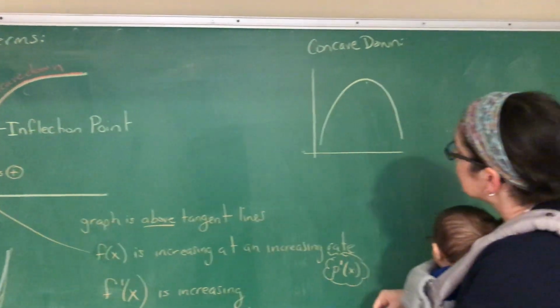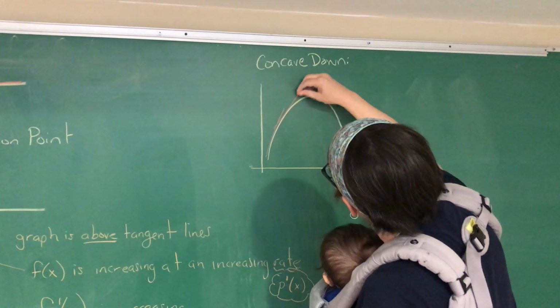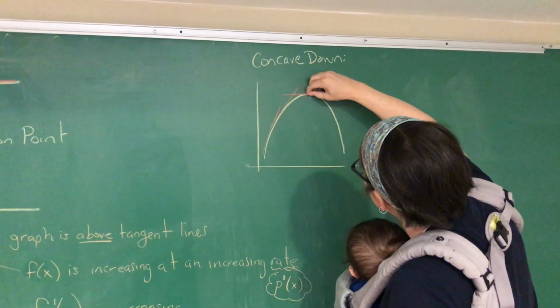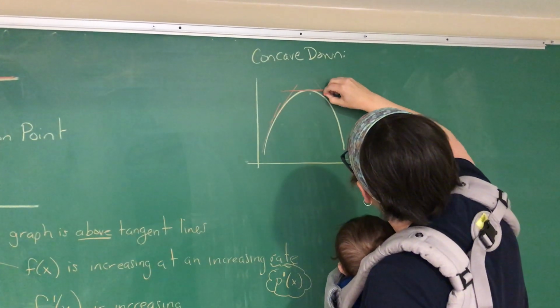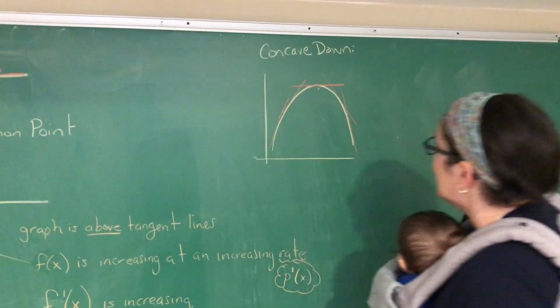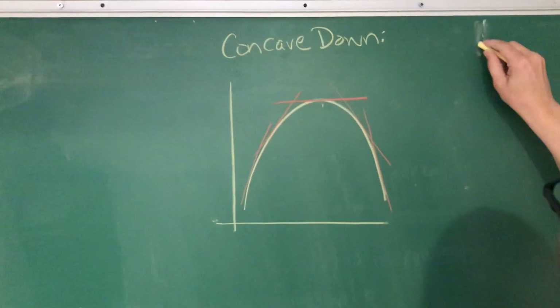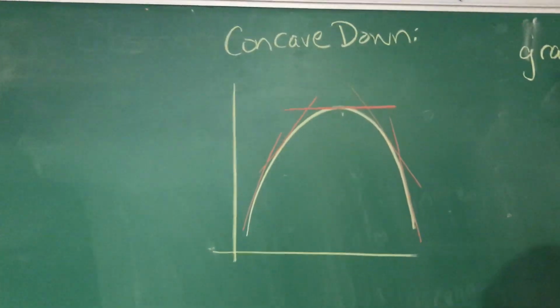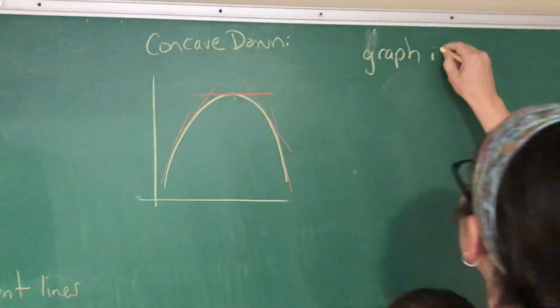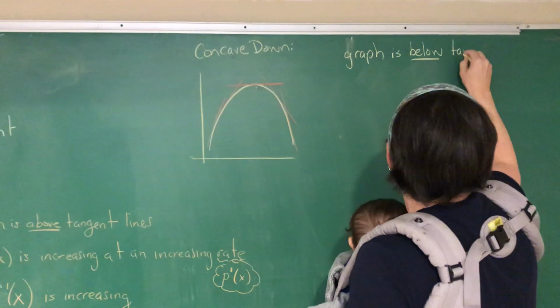And if I were to draw some tangent lines on this graph, what I notice is that every single tangent line that I draw is pushing this graph down, and our graph is below the tangent lines. So on a concave down function, the graph is below the tangent lines.